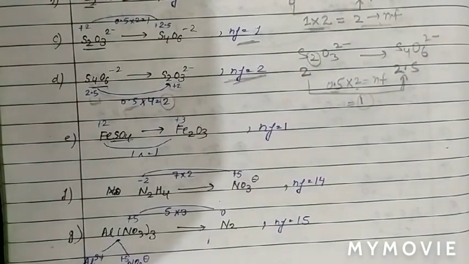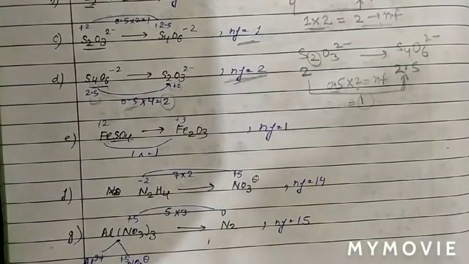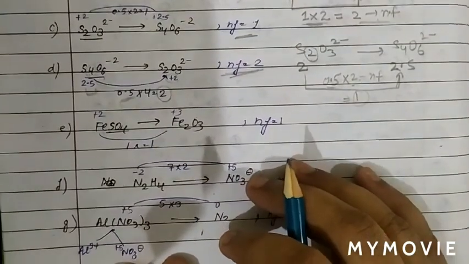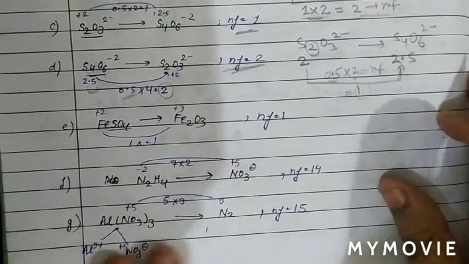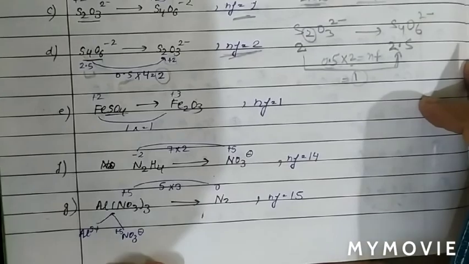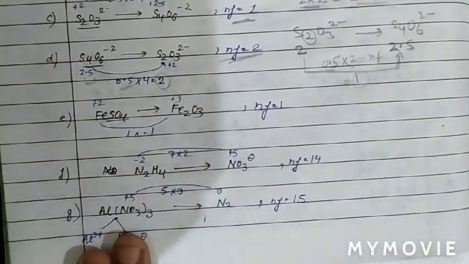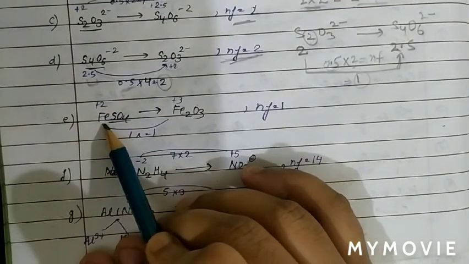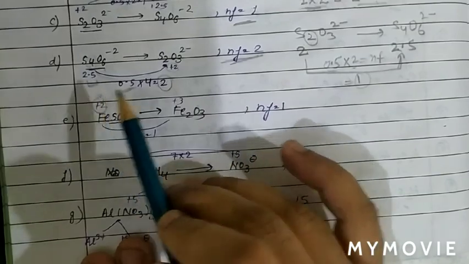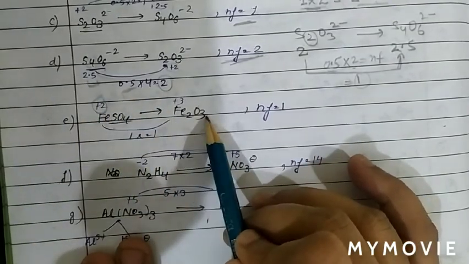Now see the next question. The next question is we have to calculate the n factor when FeSO4 changes into Fe2O3. Now we can see in FeSO4 the oxidation state of iron is +2, while in Fe2O3 the oxidation state of iron is +3.